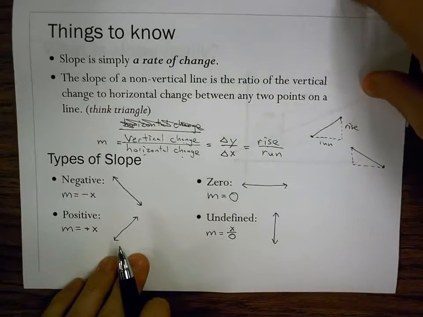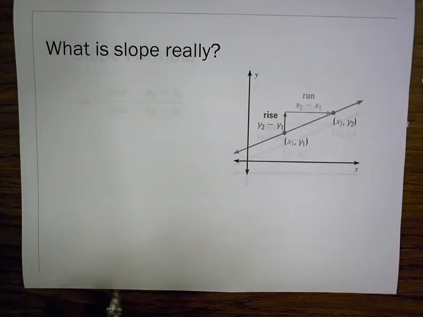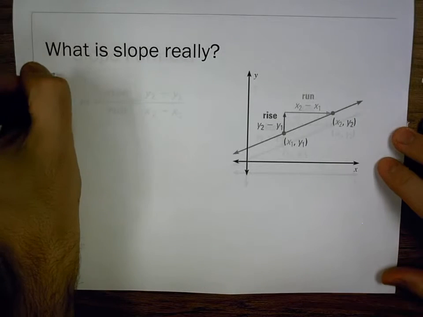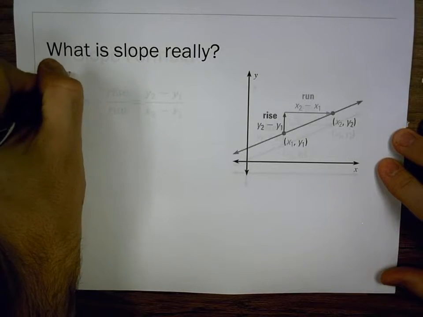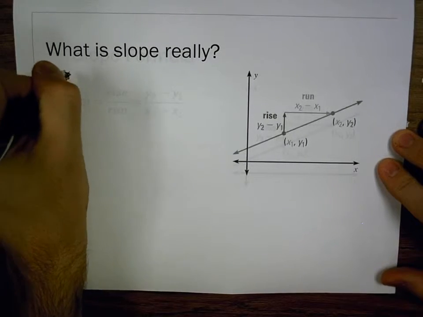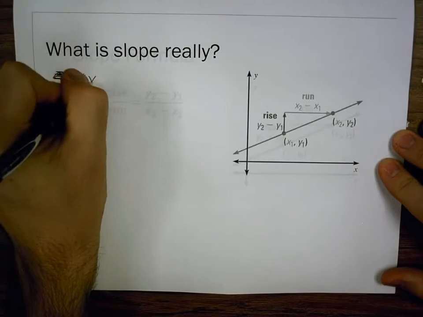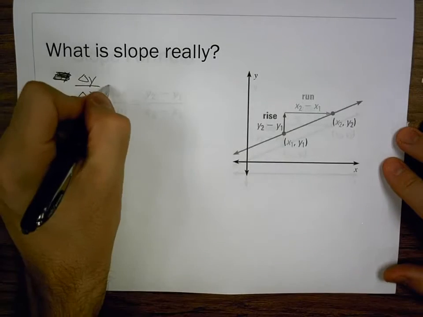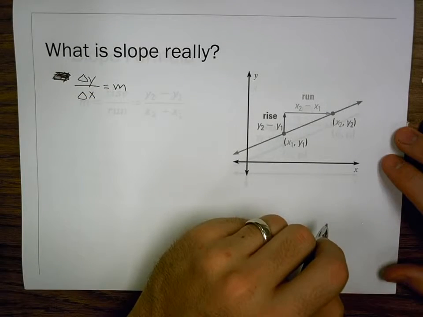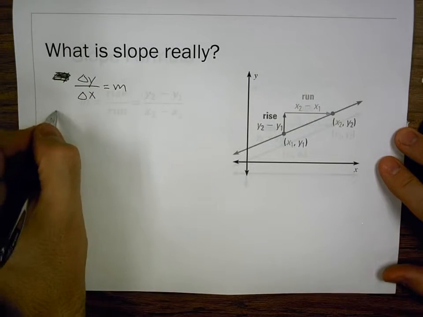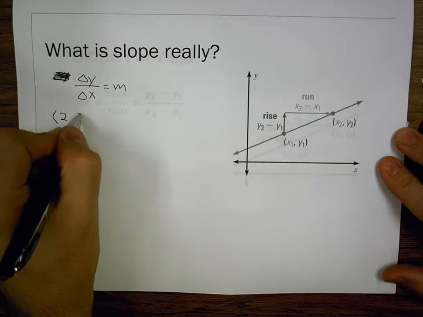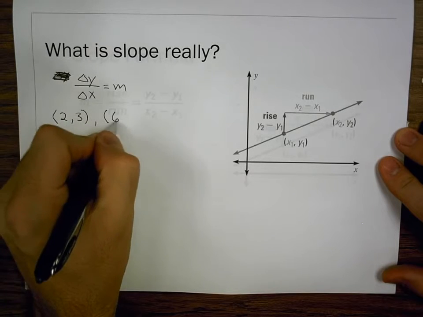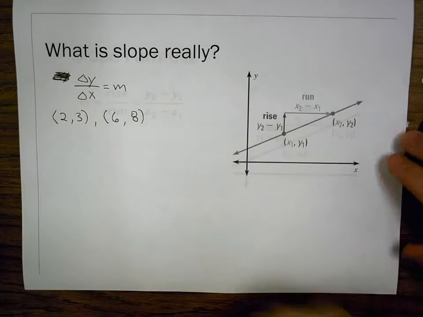So let's talk about what slope really is. Now we said it's the change in y over the change in x. So that's what slope is. Okay, well if I had 2 points, say (2, 3) and (6, 8).